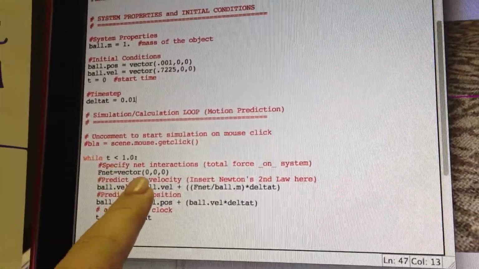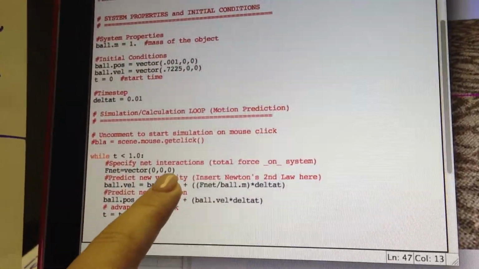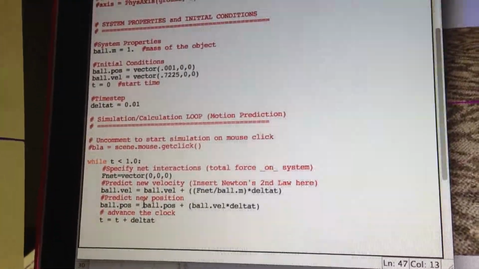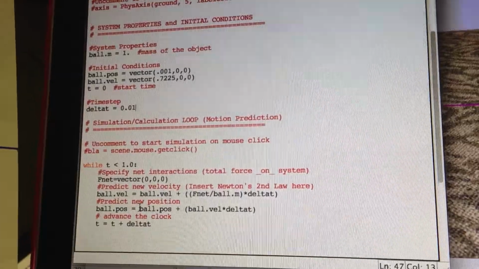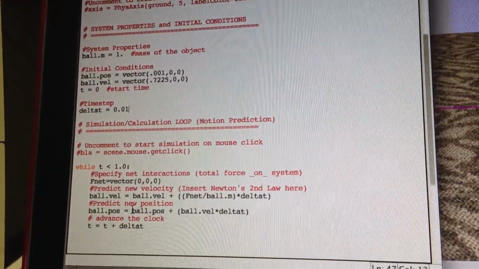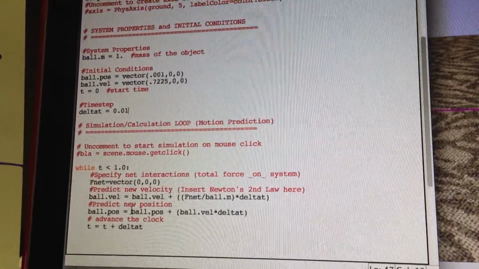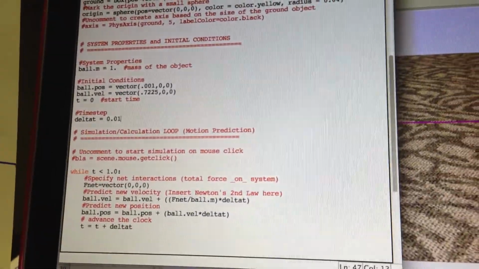My FNet vector is shown right here, and XYZ are all zeros. The FNet has to be 0 because we know that m is not equal to 0 and delta t is not equal to 0. So this is going to predict the motion based off our initial condition.